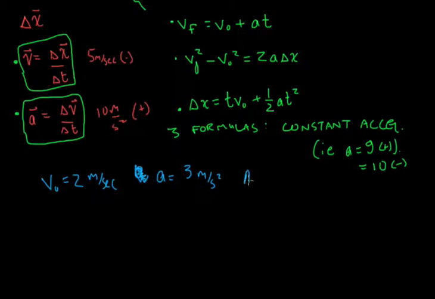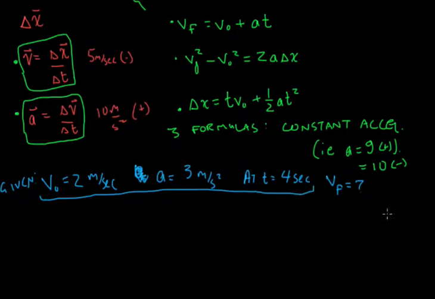And then they say at time equals 4 seconds, so 4 seconds later, what's the velocity final? So you say, okay, I'm given velocity initial, acceleration, and t equals 4 seconds, and I need to find this.